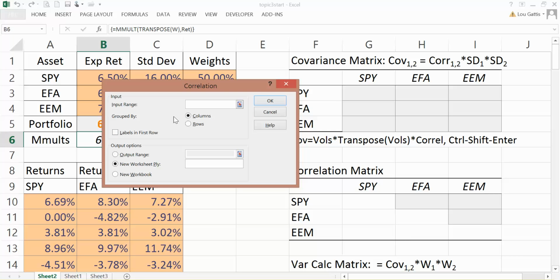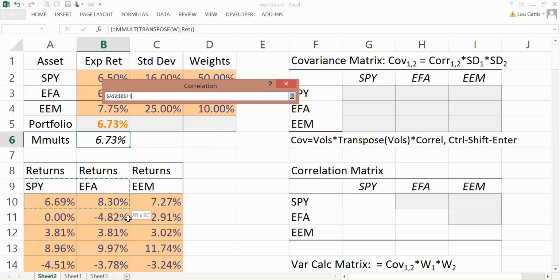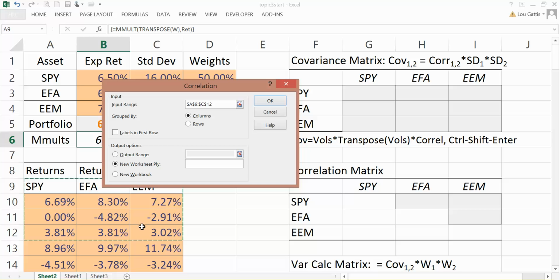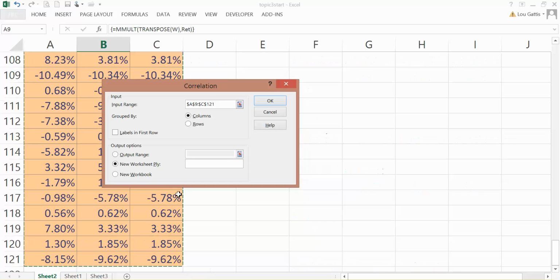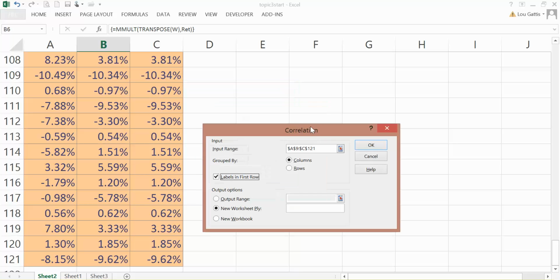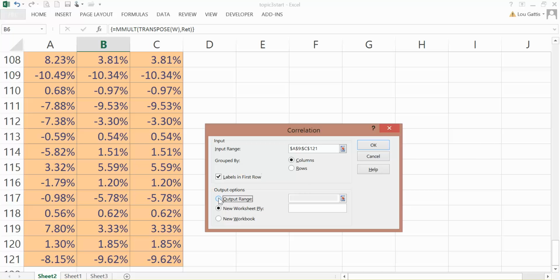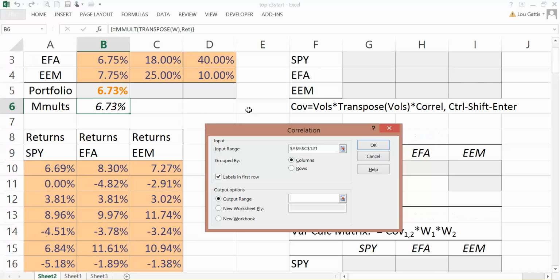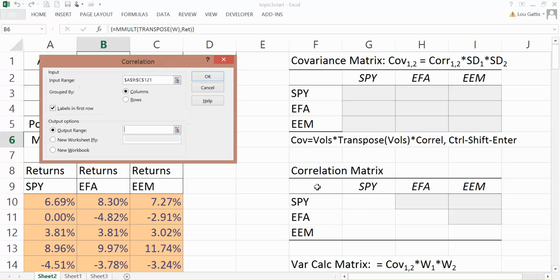I'm going to put the data in under the input range of all the returns for these assets. I'm going to click on Labels, since I also included the names of the stocks or the assets. And then as output, I'm just going to put it right here, and it'll paste it right here for me. So I hit OK. Again, these are the asset returns including the label. I clicked on Labels, and in the output range, I put it right here.